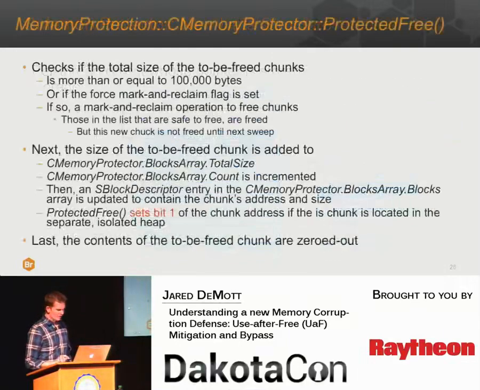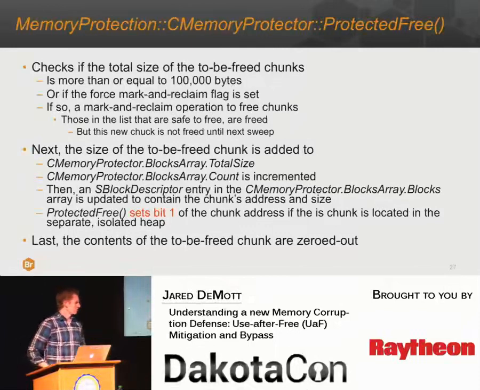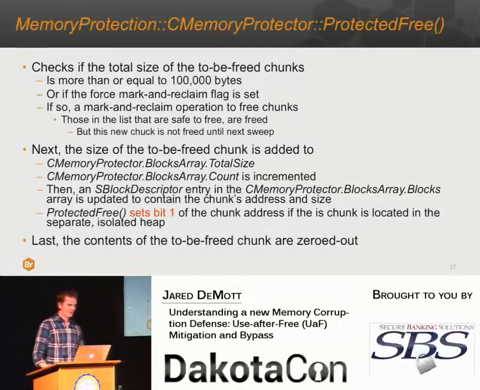Okay, so there's this protected free function which will run when you try to free an object. If the size of all the chunks you have now is greater than 100,000 bytes, that's when we'll call the mark and reclaim.